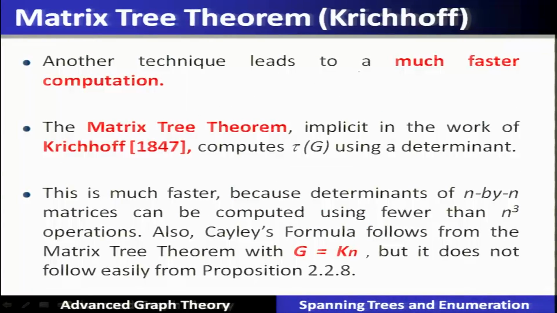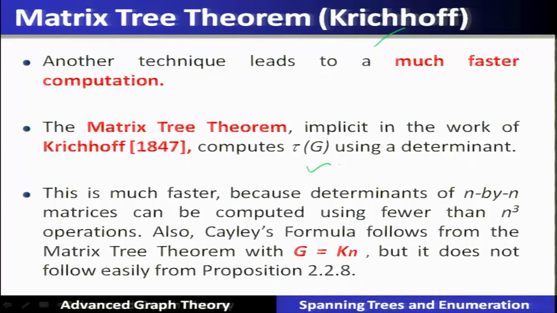Now we are going to see another very generic technique, which is much faster compared to the previous ones. This method is called the matrix tree theorem, given by Kirchhoff. For a given graph, instead of computing the recurrence equation, we will apply this matrix tree theorem.